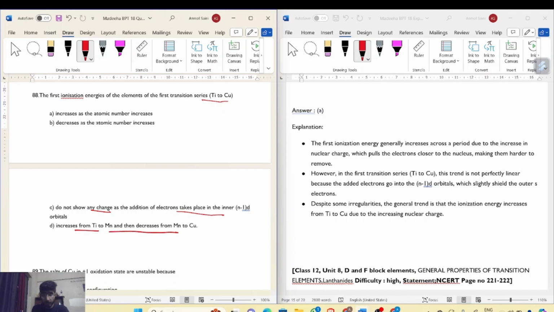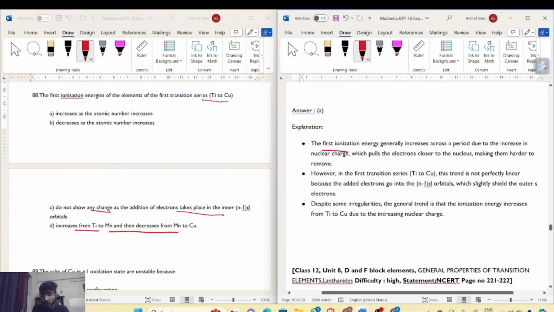The first ionization energy generally increases across the periods due to the increase in nuclear charge. Generally we know when we go from the left side to the right side of the periodic table, ionization energy increases due to the increase in nuclear charge.